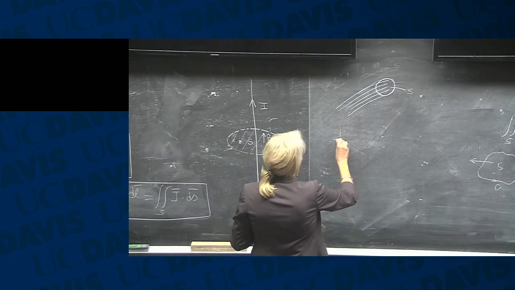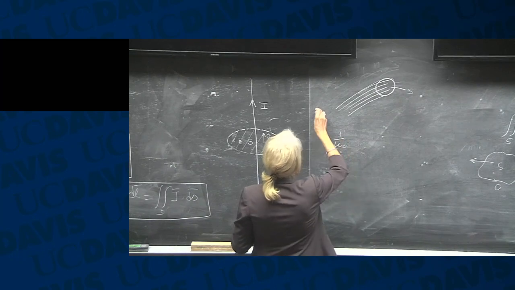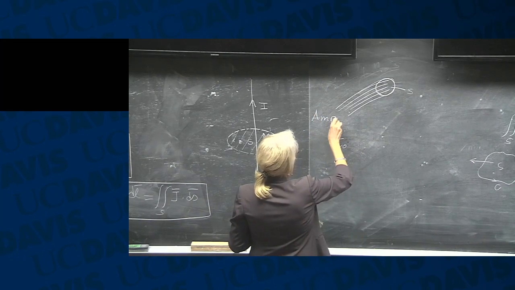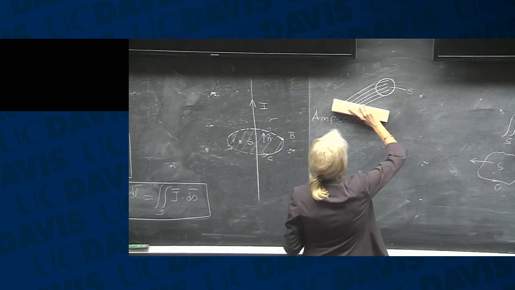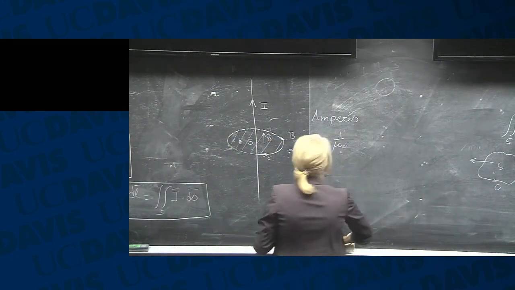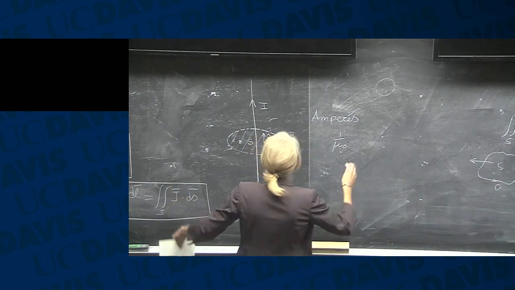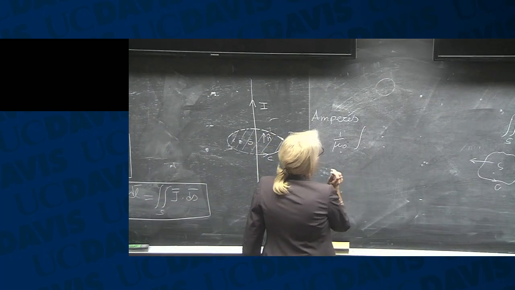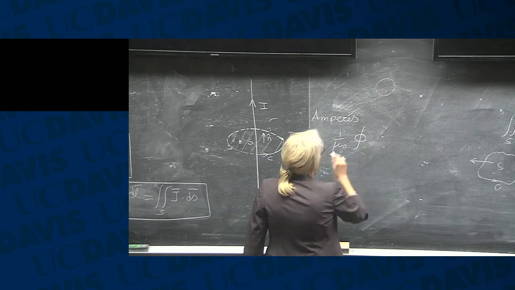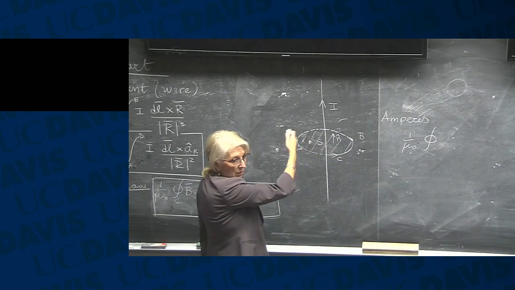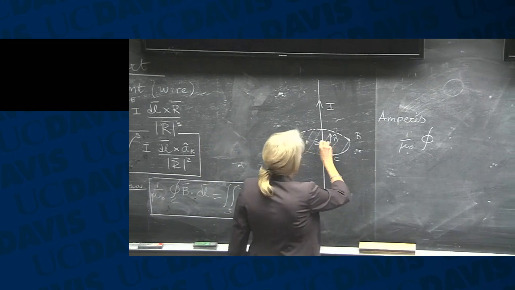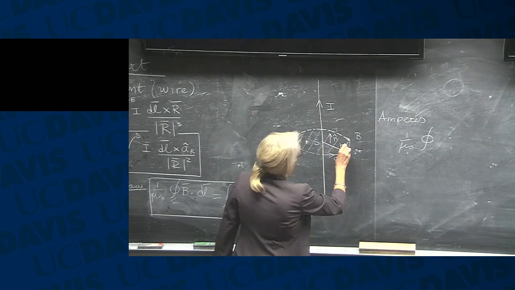So I could use this one and then go here and say, okay, now I'm going to write this as follows. 1 over mu naught, so Ampere's law. Okay, 1 over mu naught, and then now it's the closed line integral around this circle, because this has a radius of r.